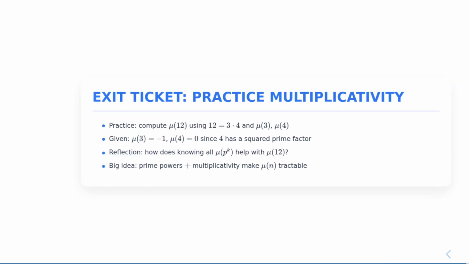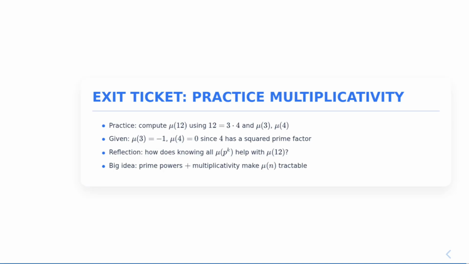For practice, look at 12. We can factor it as 3 times 4, and these two factors are coprime. From the prompt, mu of 3 is -1 and mu of 4 is 0 because 4 has a squared prime. So multiplicativity gives mu of 12 as their product, which is 0.